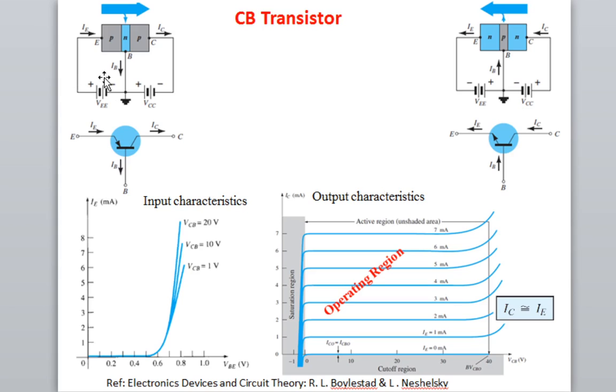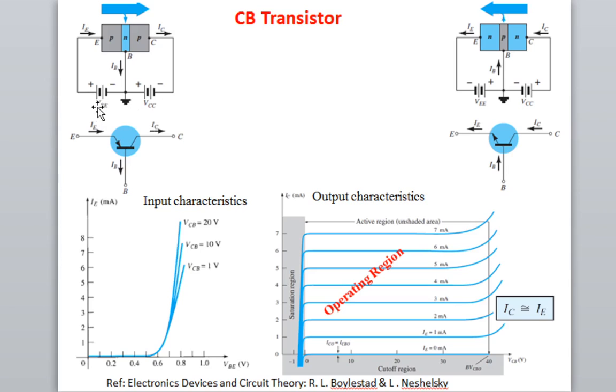So when you apply a voltage, this VEE battery, why is it called VEE and why is it called VCC? We have a capital V and capital E in subscript, and capital V and capital C in subscript.